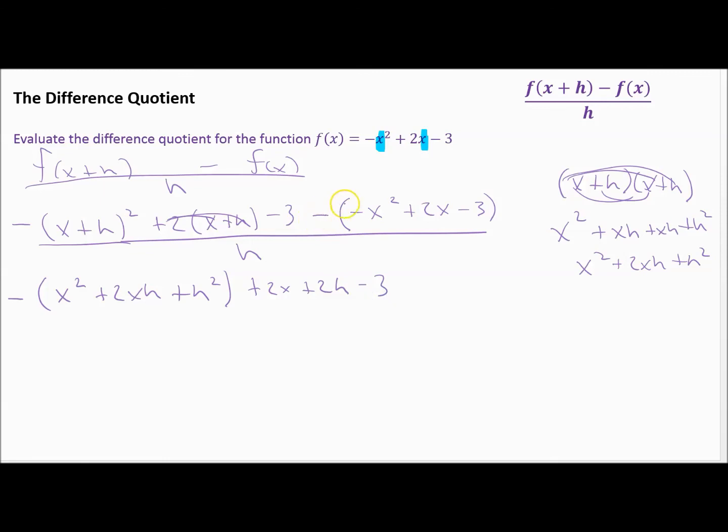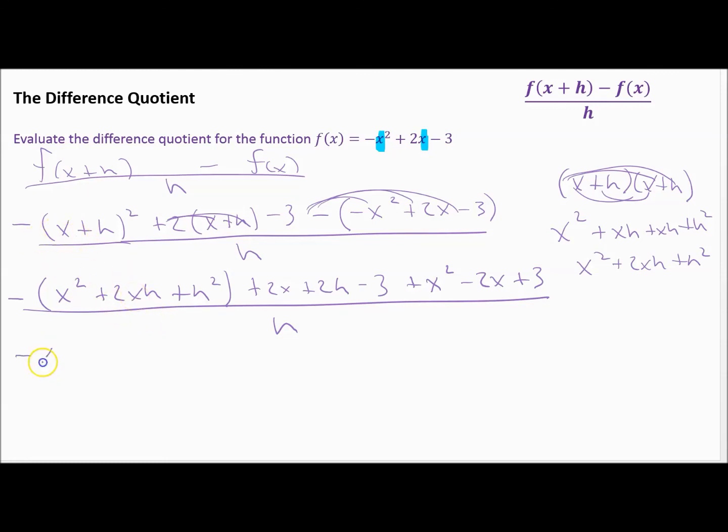And now I'm going to distribute the negative inside that last set of parentheses. So that gives me plus x squared minus 2x plus 3. So we have a long expression all divided by h. Before I can add like terms, I still need to distribute the negative that was originally in front of the x squared, but now in front of the x plus h squared.